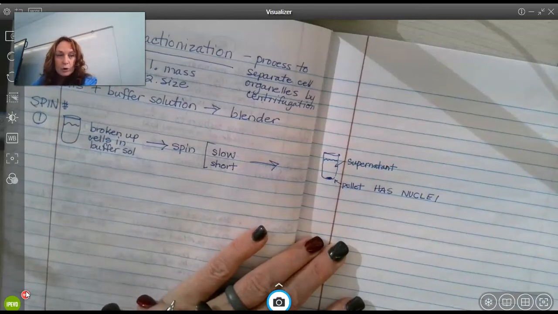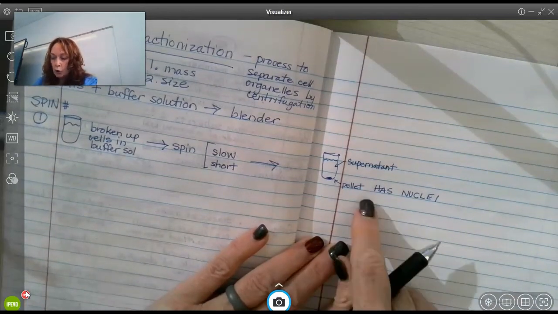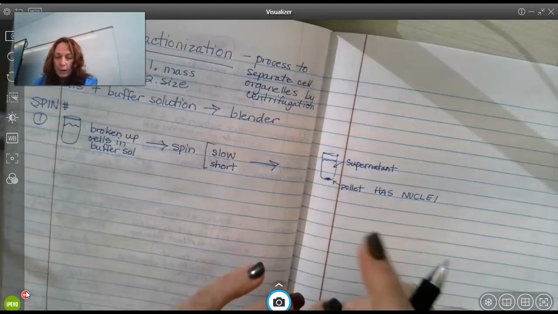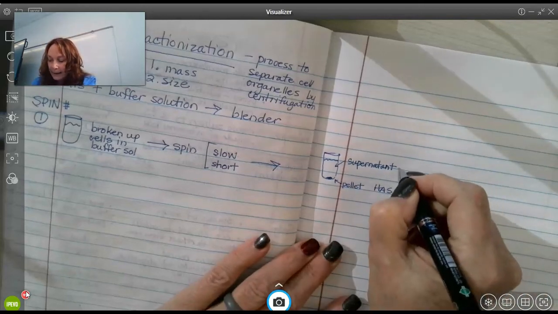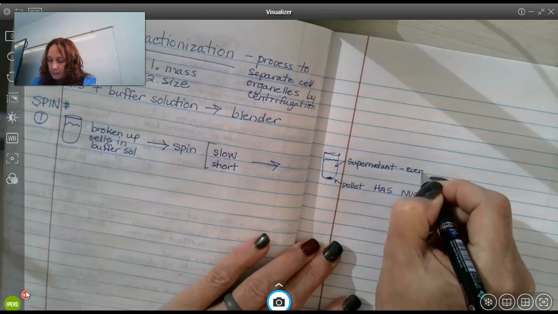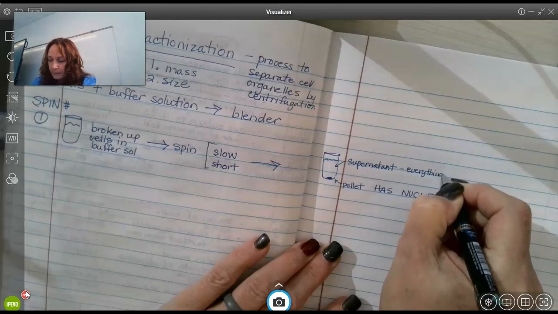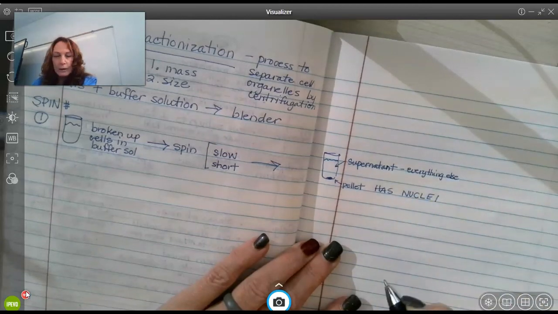If that's what you're studying, you scoop the pellet out and you throw everything else away because you have what you wanted. The supernatant has everything else. Not the nucleus, everything else.